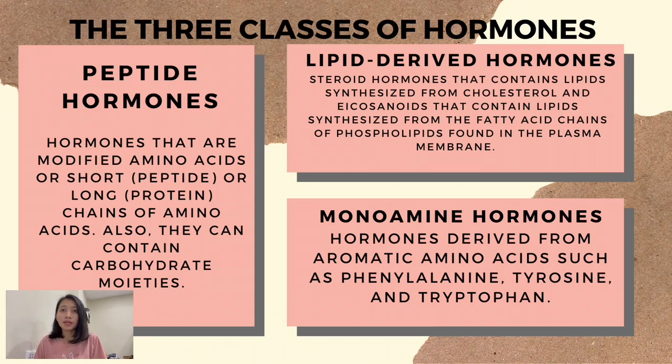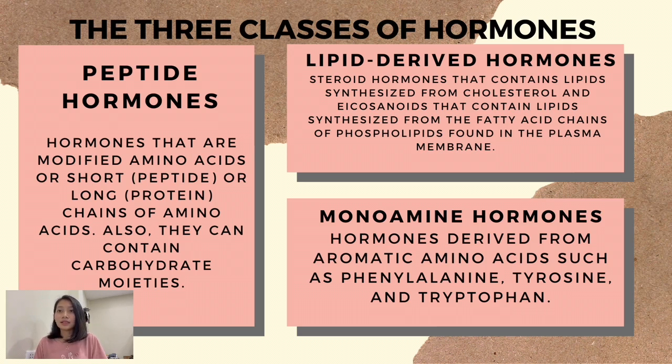Also, some peptide hormones contain carbohydrate side chains and are termed glycoproteins, such as follicle-stimulating hormone. All peptide hormones are hydrophilic and are therefore unable to cross the plasma membrane alone.